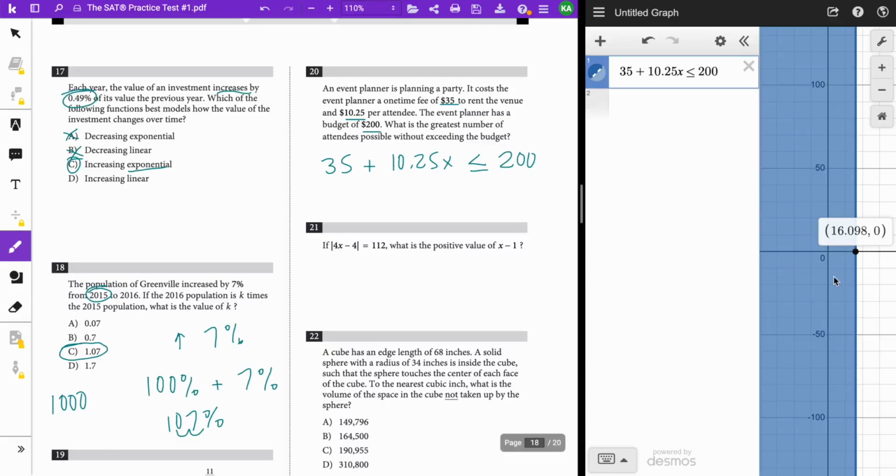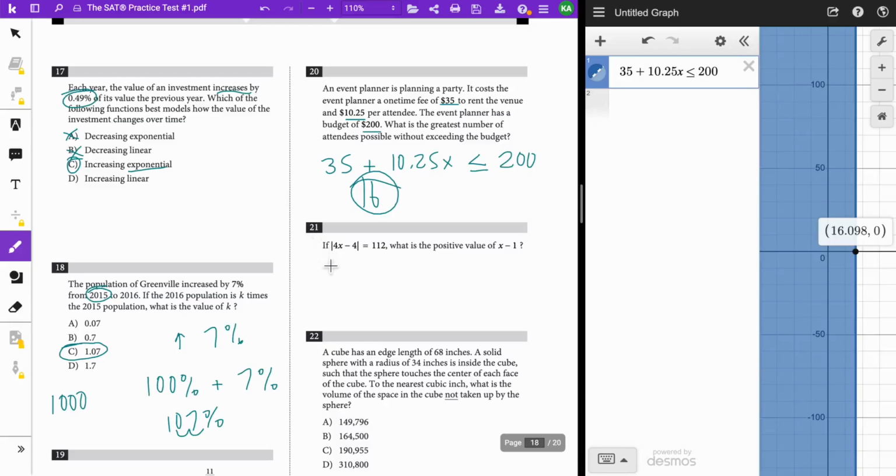So that's technically the answer, but of course we can't have a decimal number of attendees. You can't split a person in half. And so the answer, we would just round it down to 16, right? If we went up to 17, that's going to exceed the budget, so we'll stay down at 16, and 16 would be the final answer.